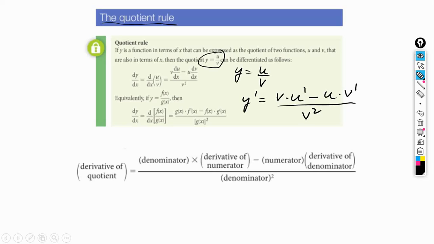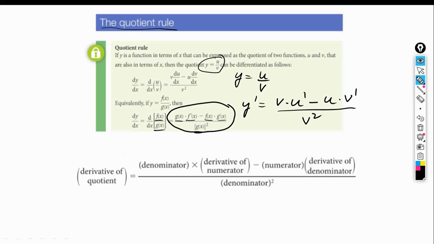So notice that here you have the same rule, but in terms of g of x and f of x. Then it's going to be g of x, the denominator, times the derivative of f of x, the numerator, minus f of x times the derivative of g of x over g of x squared.